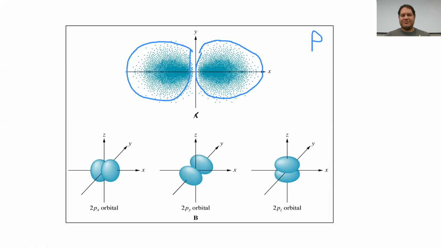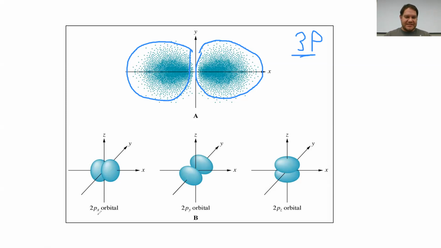Waves, right? Very crazy stuff going on here. So these p orbitals look kind of dumbbell shaped, or like a figure eight. Now, the interesting thing is that there are three different p orbitals. There are three of them.